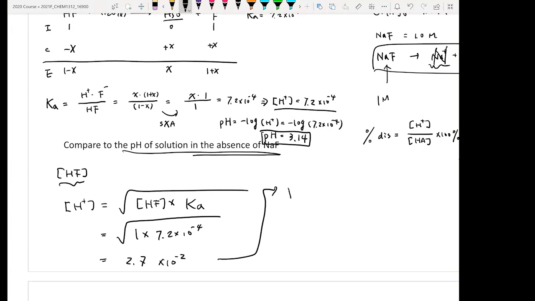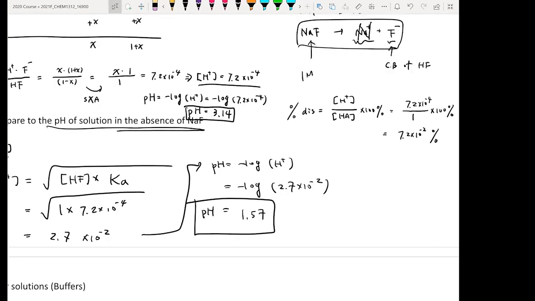Then we can calculate your pH, equal to negative log of our proton concentration, negative log 2.7 times 10 to the negative 2, and that should give you 1.57. If you did not add in the sodium fluoride, the pH value of the solution is 1.57, right?